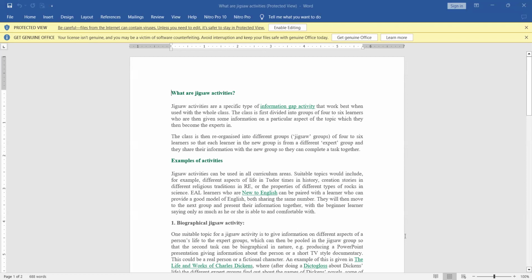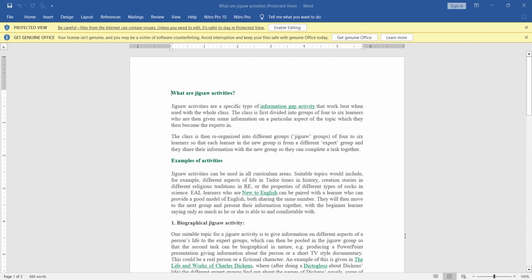Jigsaw means parts come together. So there are 4 people in the group now. Some parts are with A, some with B, some with C, some with D. But the activity that they have to do, they can't do only with what A has or only with what B has.